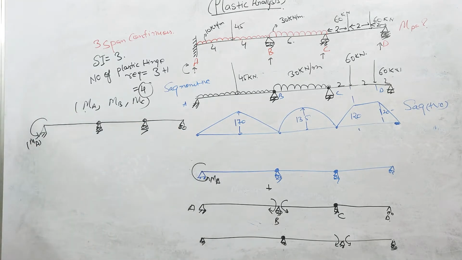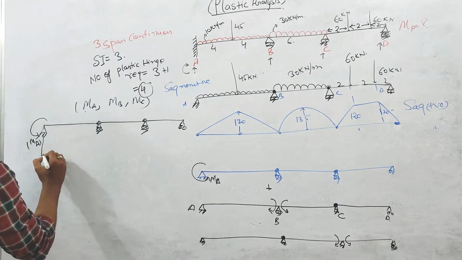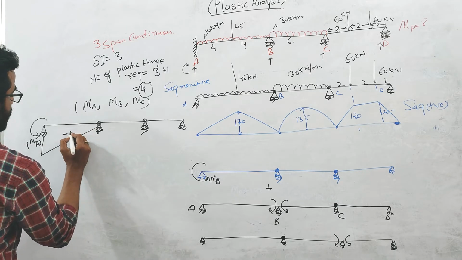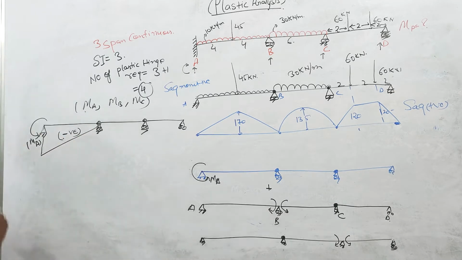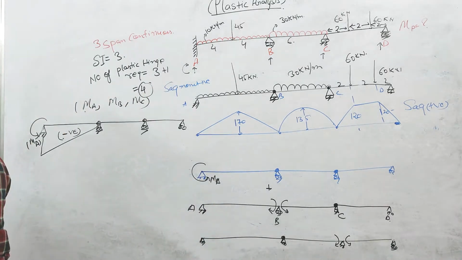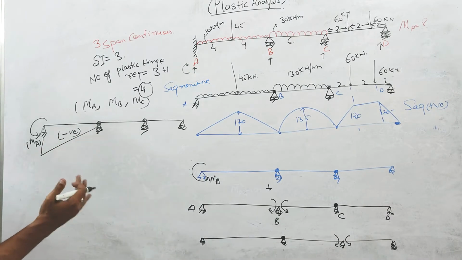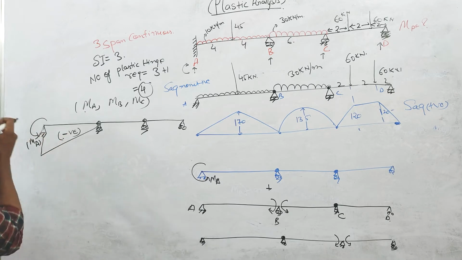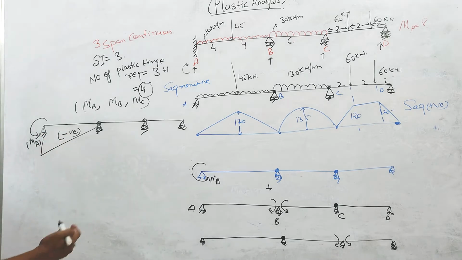So the bending moment diagram will look like this. This is negative, because this is inducing hogging moment. Similarly, if you consider this, you can calculate the moment. It is not difficult. You can get this moment diagram if you solve the equilibrium equation in terms of moment.